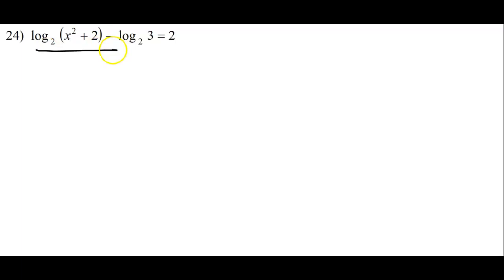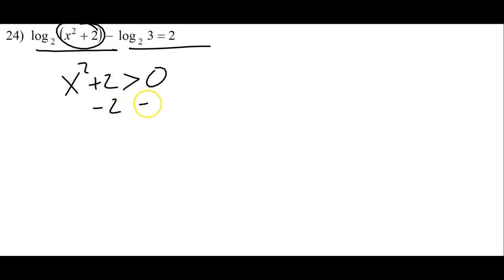Once again, I don't have a log on both sides of the equation, and also, well, we might have a quadratic here, so we might have to check our domain. Let's go ahead and see how this works out. So we do have a quadratic in there, right? So we might want to check this out. So x squared plus 2 needs to be greater than 0. Now we saw this earlier today in this study guide, but we'll see it again here.